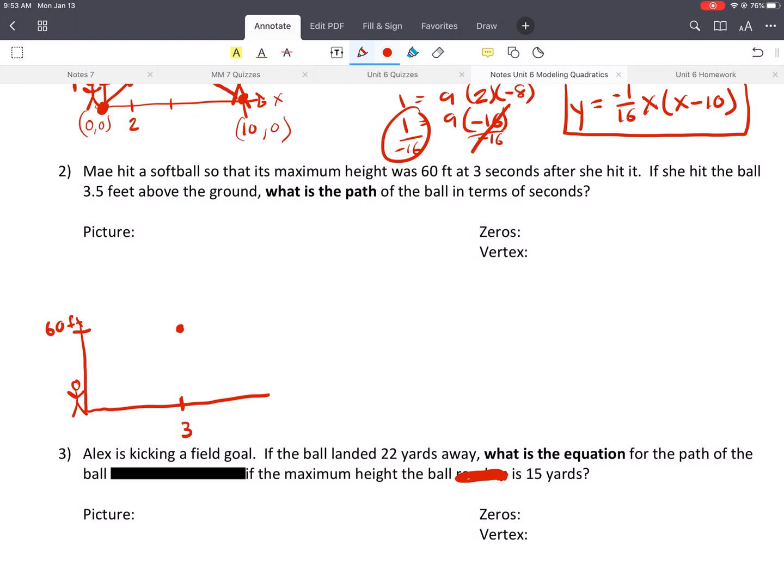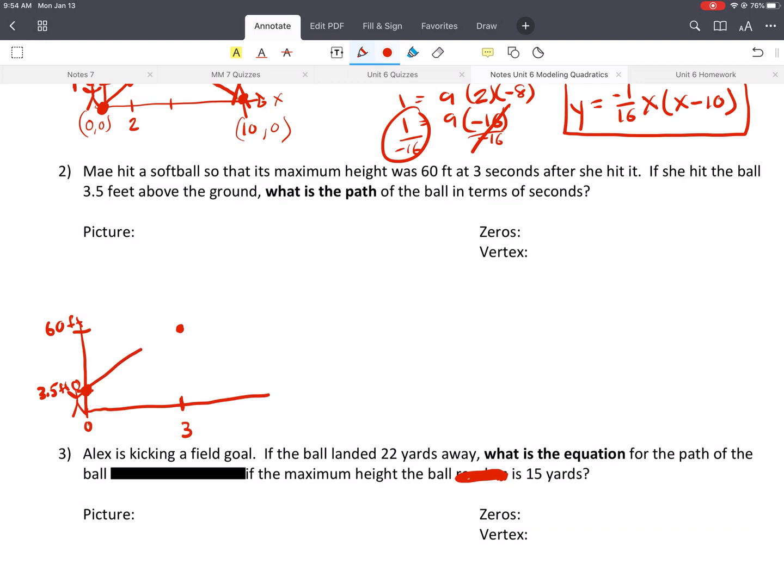Then it says, if she hits the ball 3.5 feet above the ground, so she started, hit the ball, like right here, this would be 3.5 feet. This would be time of 0. What is the path of the ball in seconds?